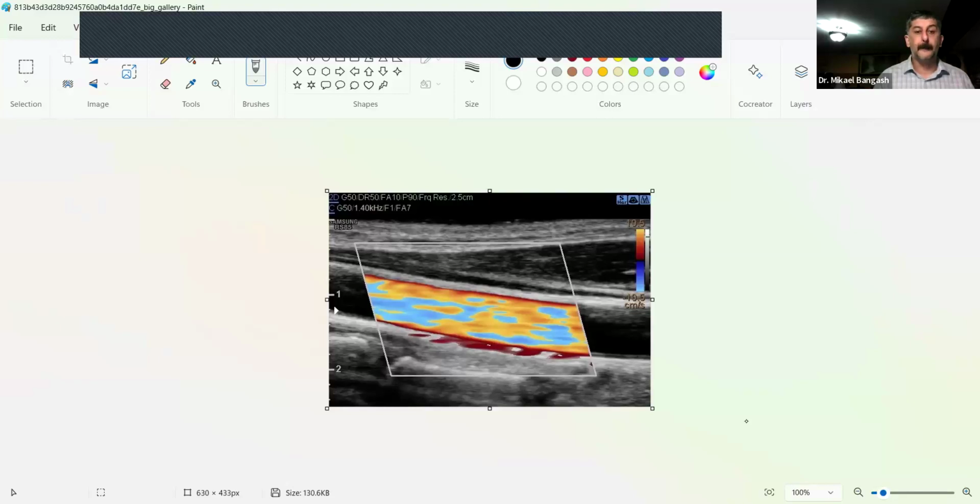Just another picture. Now, guys, what do you see here? Again, we see all the colors from the positive side. We have some reds, and we have some of the oranges.